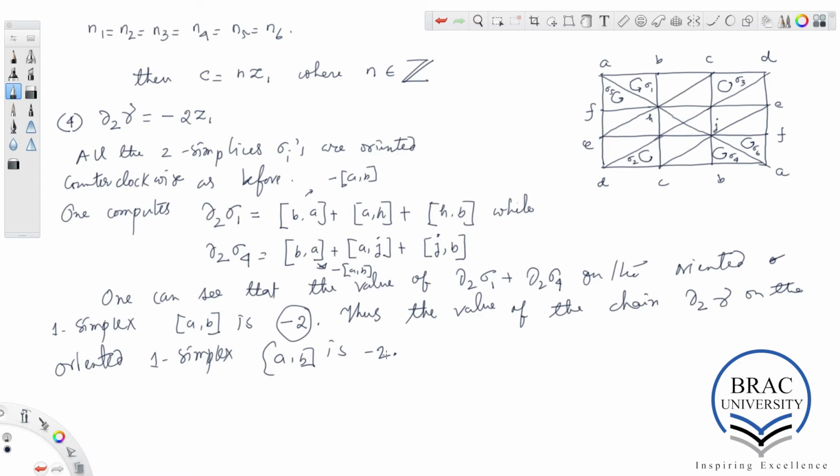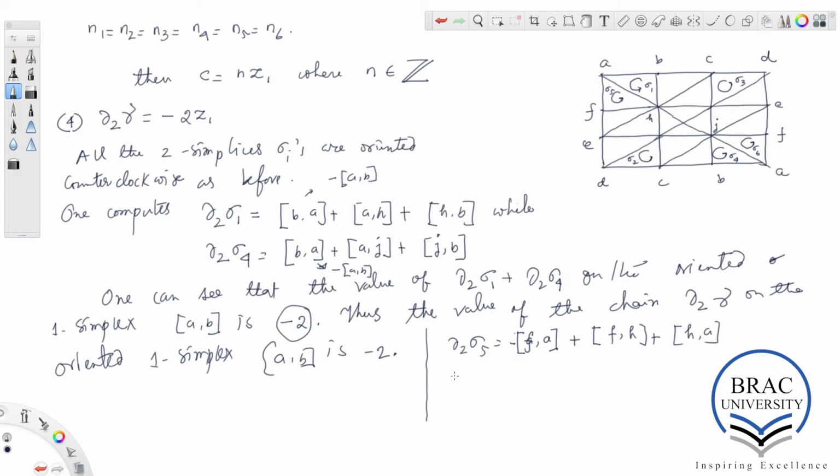One can similarly go on to verify that del 2 sigma 5 here is a comma f, which we can write as minus f comma a plus f comma h plus h comma a.